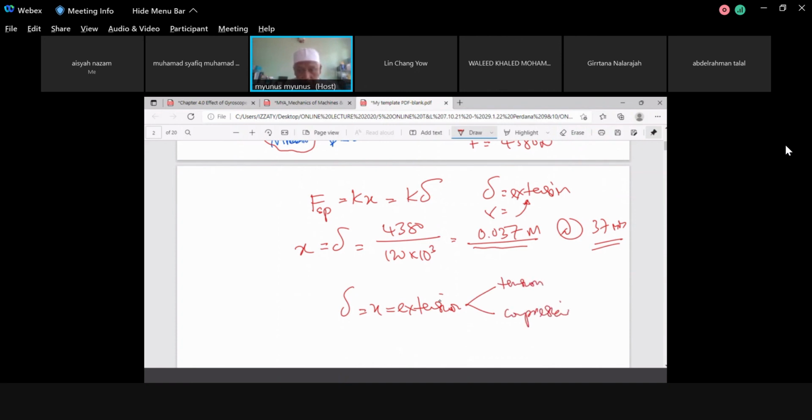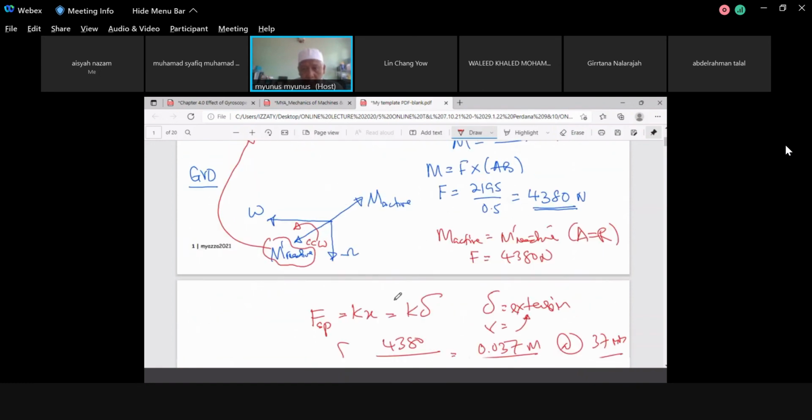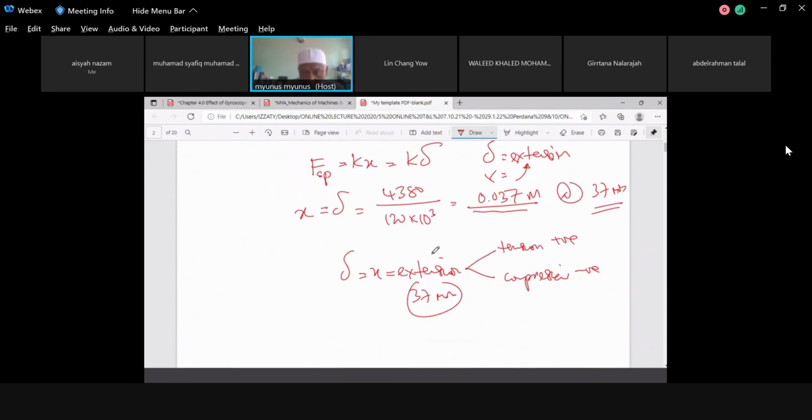The tension will give you the positive value, the compression will give you negative, which we do not know. But we do know that this one is 37 millimeter. Then you go back to this one and look at the structure. As you push this one downward, this one will be prolonged a bit, isn't it? It becomes longer. Then it is an extension in terms of tension, not due to compression.